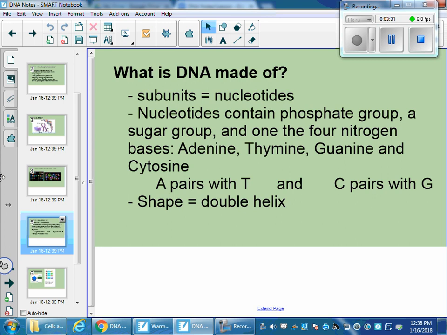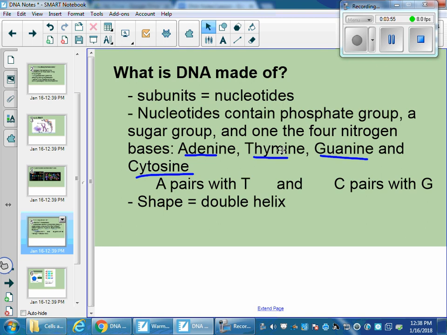And there are 4 different nitrogen bases that your nucleotide can have. So it can have what's called adenine, thymine, guanine, or cytosine. Okay. So you need those 3 pieces together, sugar, phosphate, and base, in order to make what's called a nucleotide. And we get all these strings of all these nucleotides together, and that makes up a DNA molecule.